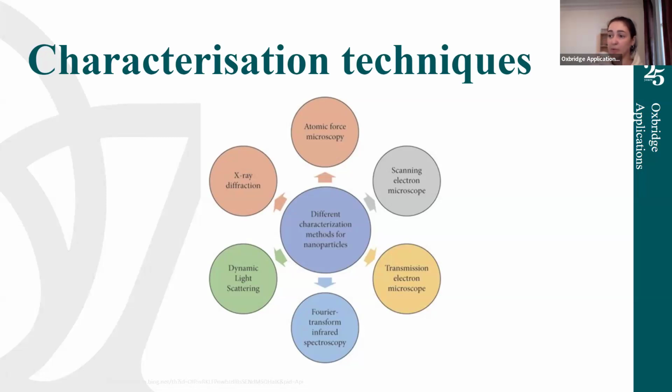So they're really, really important tools that are very useful to scientists in many fields that use nanotechnology. So we've got X-ray diffraction, atomic force microscopy. Some of these you may have come across before, for example, the transmission electron microscope. Some of them may be unfamiliar to you.